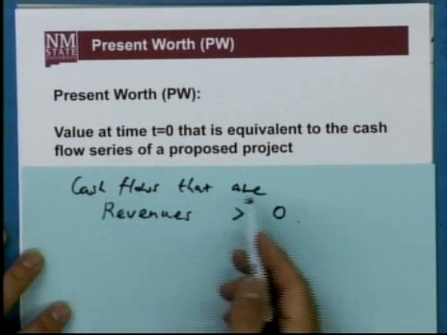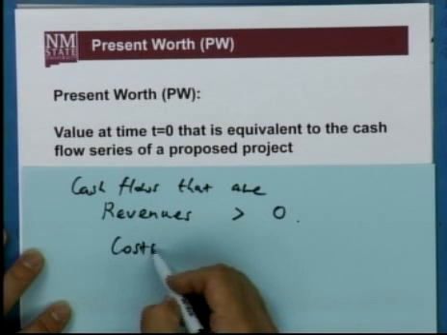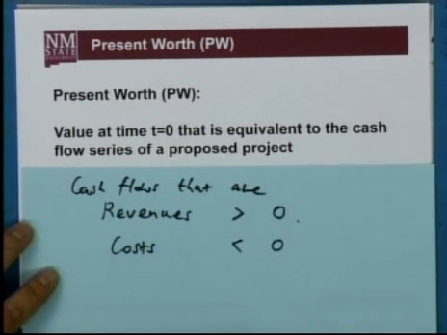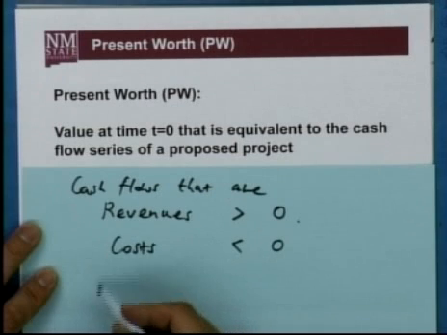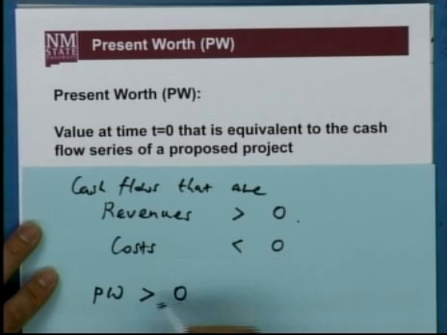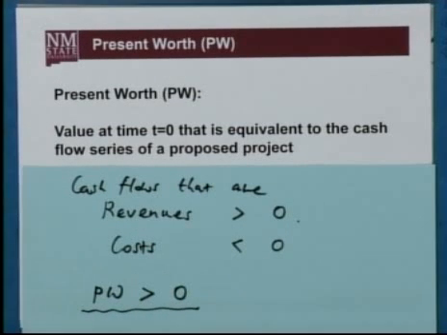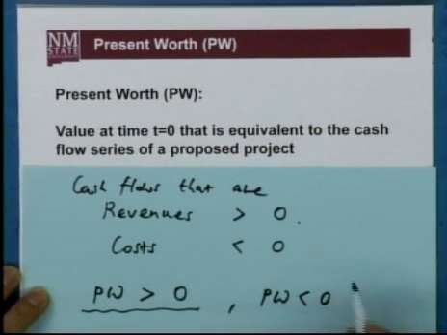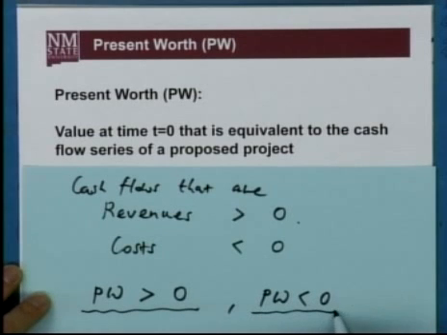Whereas there are costs less than 0, right? So the standard for a desirable present worth is PW greater than 0. Of course, the case that the present worth is negative should be avoided if possible.